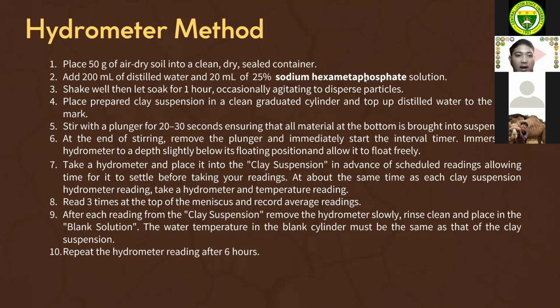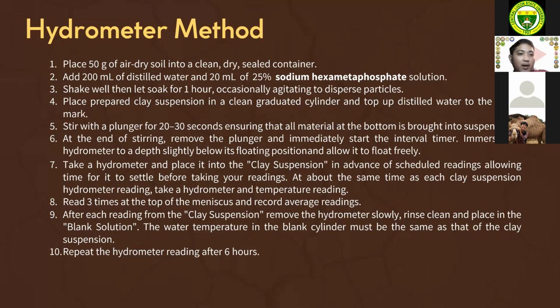So ang pinaka-role niyan, yung gamit nating Calgon solution or sodium hexametaphosphate, is to disperse the soil particles. Dapat kasi maghiwa-hiwalay yung sand, silt, and clay sa lupa. Dapat hindi sila magdikit-dikit. Kasi 'di ba, kung yung clay natin ay didikit sa particles ng sand, so pag bumaba yung sand, bababa na din yung clay.